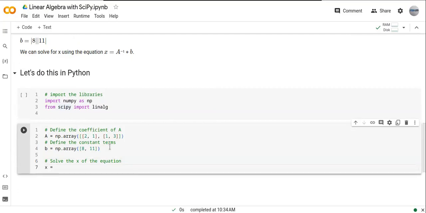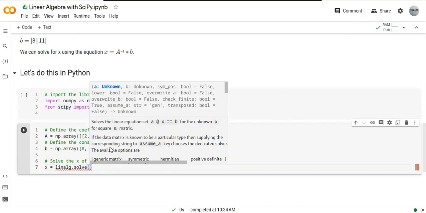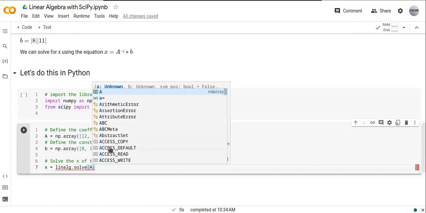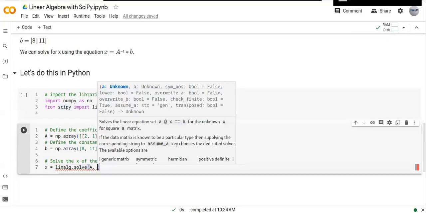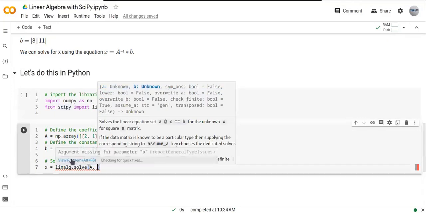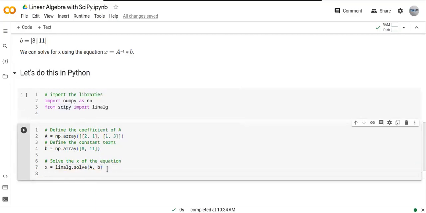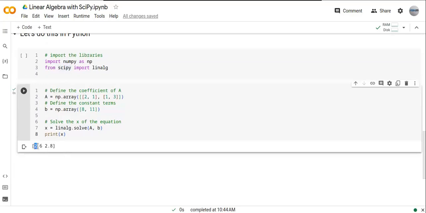X is, we can use the linalg.solve function from SciPy, and we can pass the matrix of coefficients of the equation A and the constants of the equation B, and we can find x. So the x values are 2.6 and 2.8.